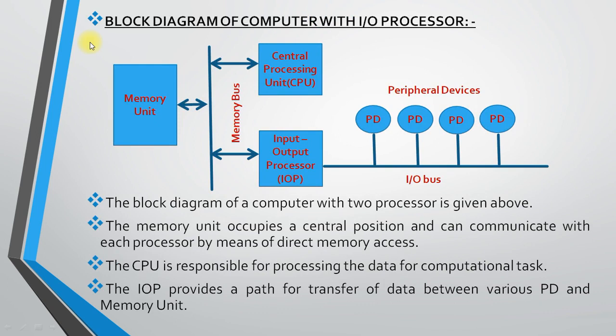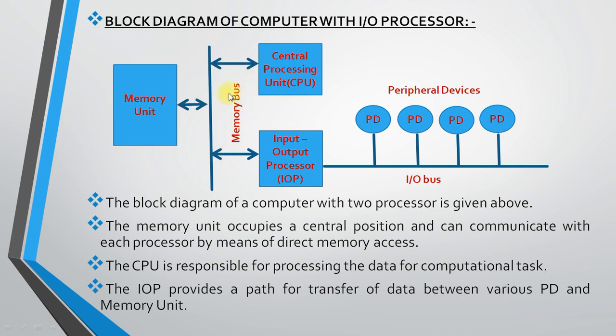Here is the block diagram of a computer with input-output processor. From the diagram, you can explain that the memory unit is bidirectional and is connected with the memory bus.